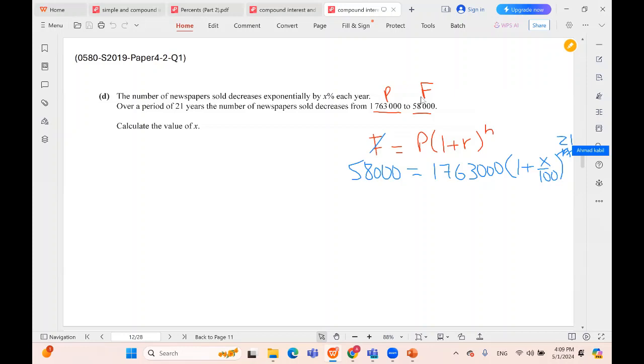Now, we want to solve for X, so we divide both sides by 58,000. I made a mistake, I apologize. We divide both sides by the number next to the X. So we're dividing by 1,763,000 on both sides. So these will cancel out.